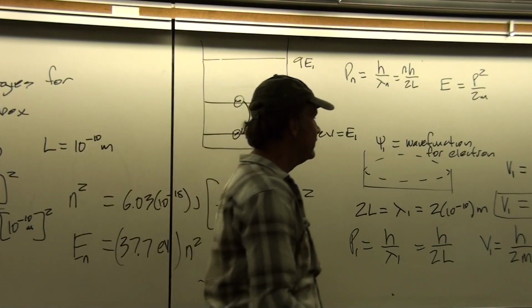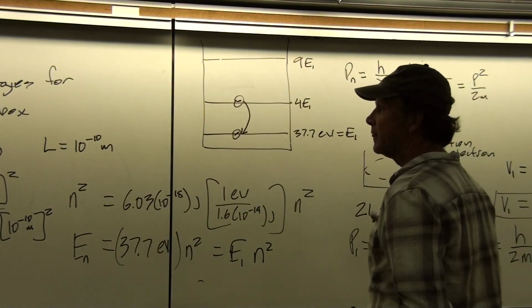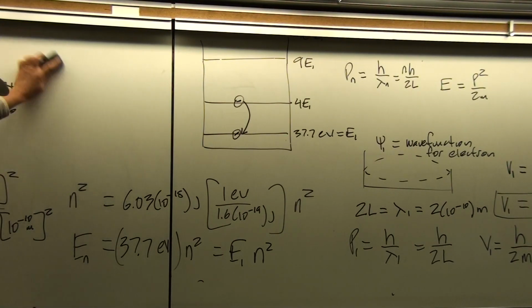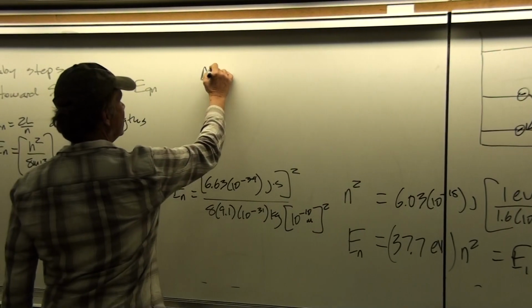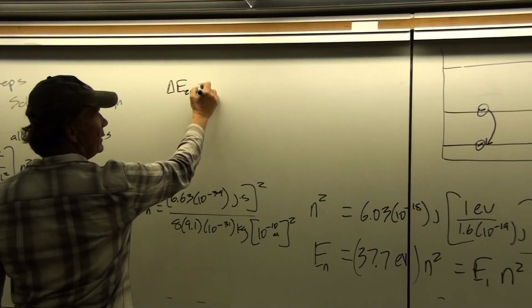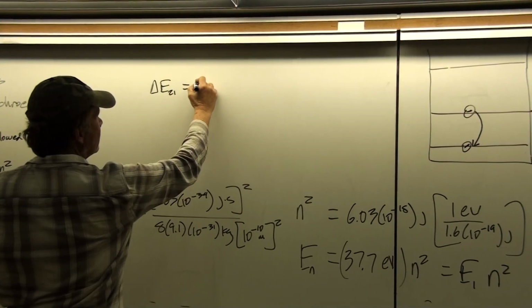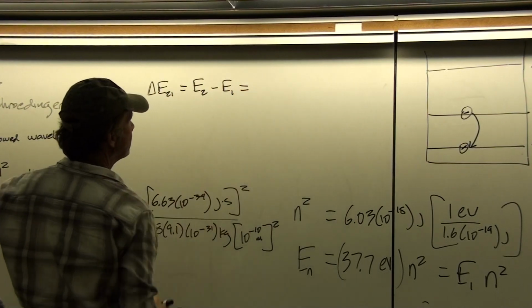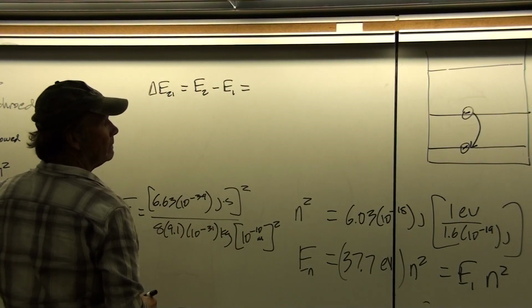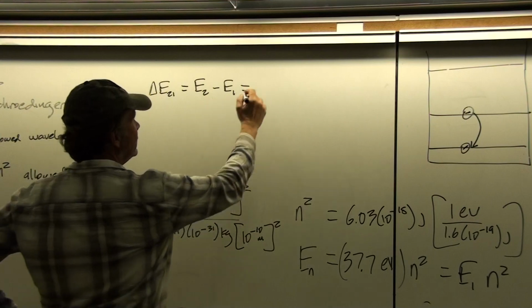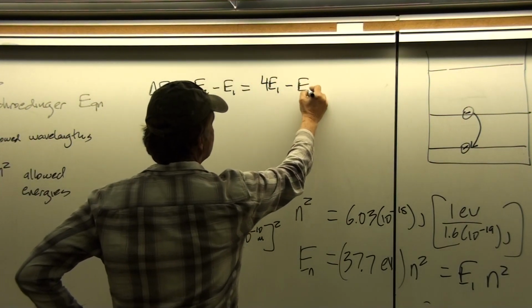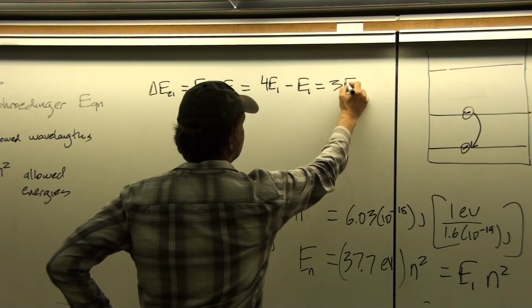So let's find the energy of that photon. What I'm hoping you'll see here is that this is really similar to what we're doing with the hydrogen atom. So delta E21 is equal to E2 minus E1. That's going to be 4E1 minus E1 equals 3E1.